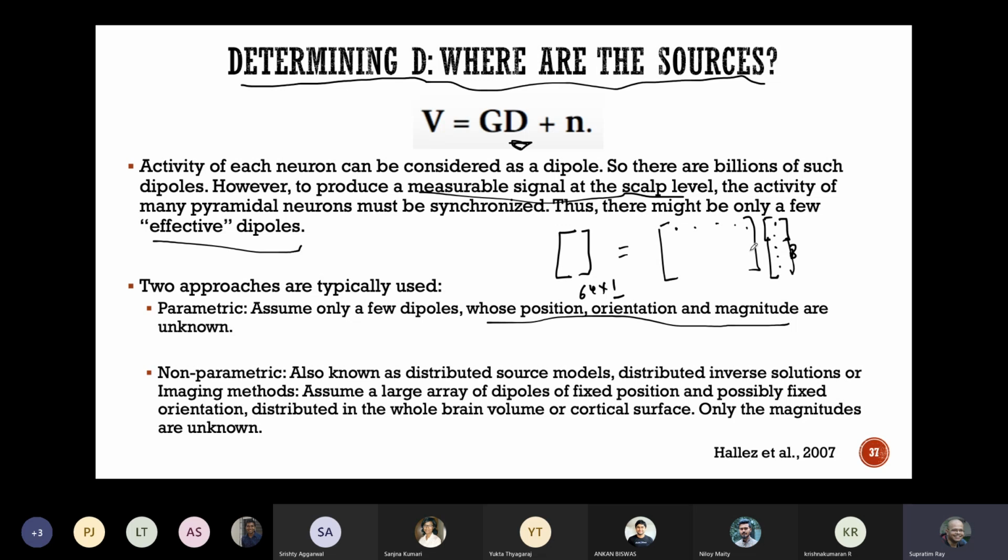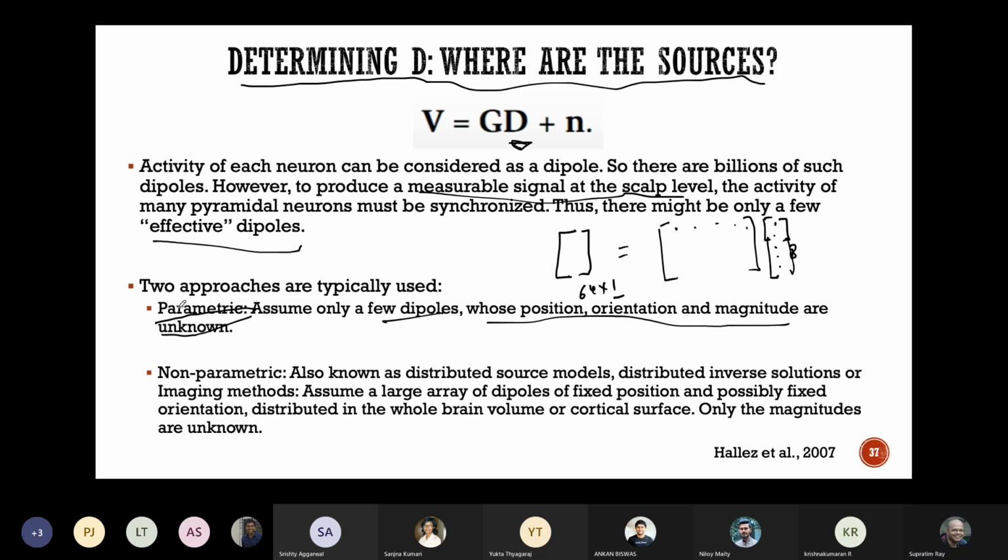So all of these are variables, but I could try to solve it and find out the position, orientation, and magnitudes of a few dipoles that will give me a voltage distribution which is very close to the actual voltage distribution that I see on the scalp. This is called a parametric approach, and we'll see an example of that in the next class.